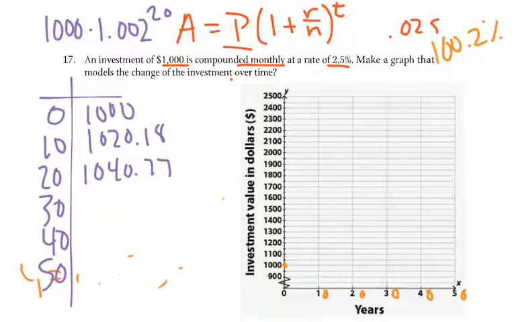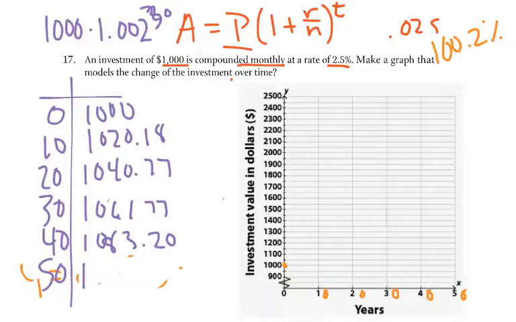Then we do the same thing for 30, 40, and 50. At 30, it would be 1,061.77. Then 1,083.20, and then 1,105.6.